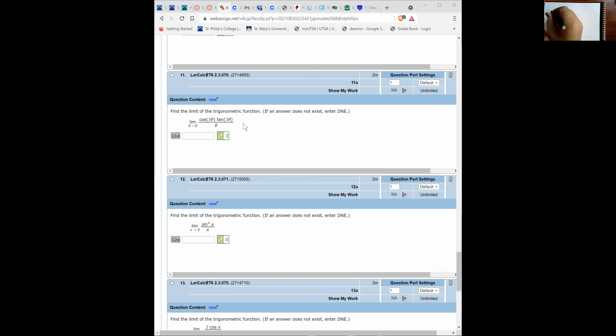So find the limit. I'll write this question down. The limit as theta approaches 0 of cosine 3 theta tangent 3 theta.